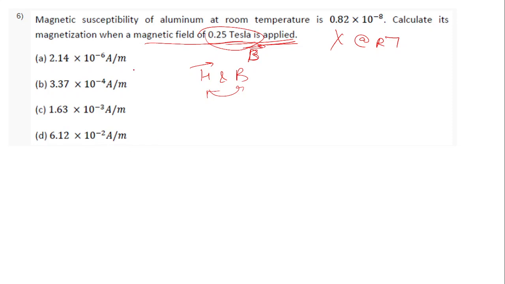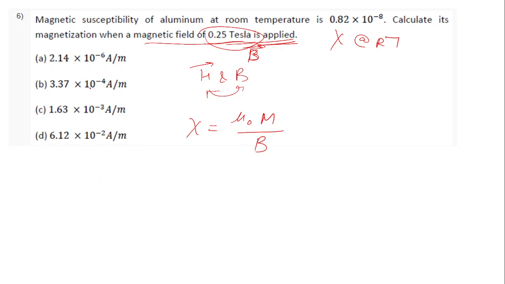Okay. So we have to calculate magnetization, and the formula of magnetic susceptibility is chi equals mu naught M by B, where M is the magnetization and B is the magnetic field as per this question. Chi is this, and okay, let's calculate.